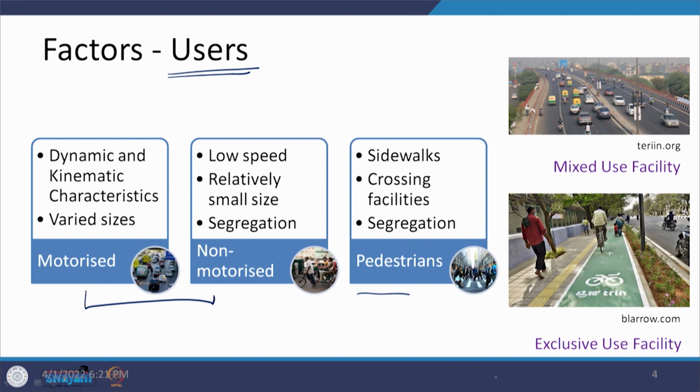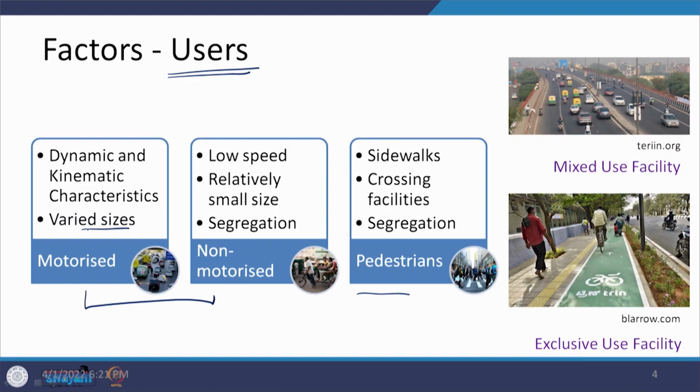Now, the requirement of talking about this categorization is that all of these users are going to vary in their sizes. Even in the case of motorized vehicles, you will find that you have a bicycle which is quite small in size, and you have a truck which is quite big, and if you talk about a multi-axle truck, then it is going to be even bigger.